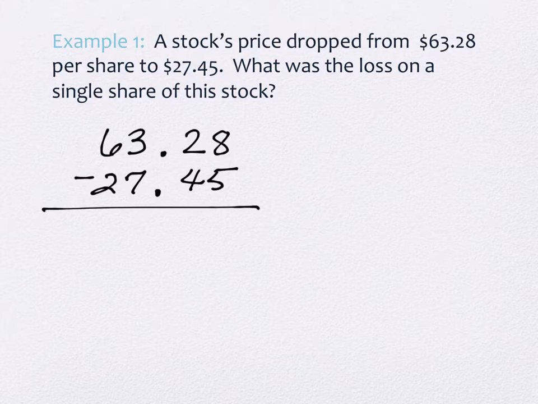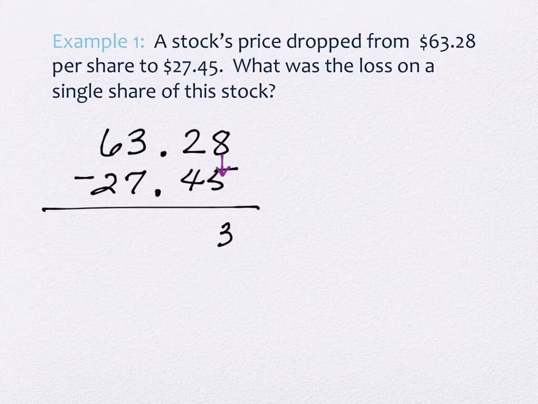Our standard algorithm says that we go to the right-hand side first, and we subtract down. So 8 minus 5 would be 3. But as soon as we move into the tenths place, there's a problem, right? I can't really take 4 dimes away from 2 dimes. That's what that place value is, dimes. So I have to exchange the money.